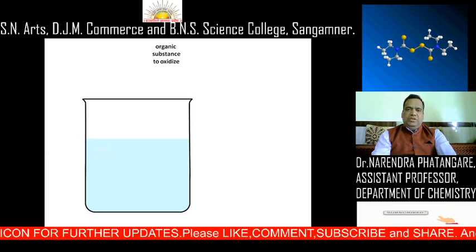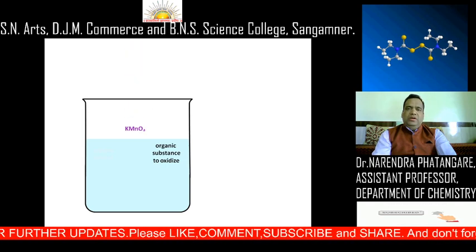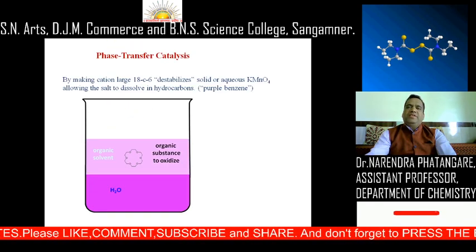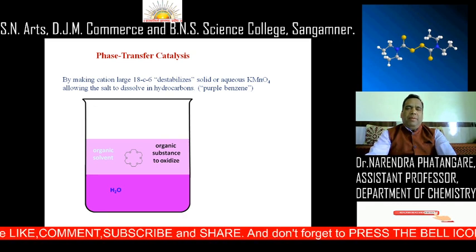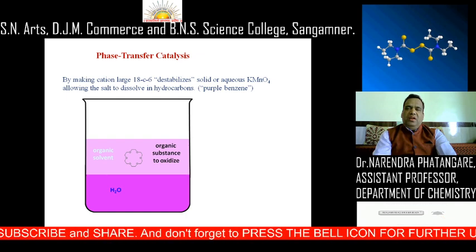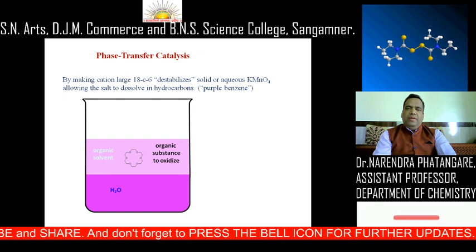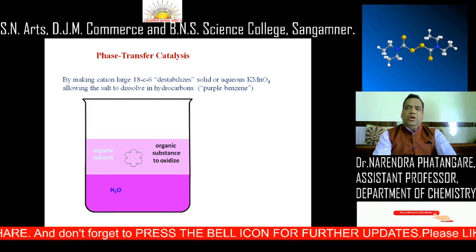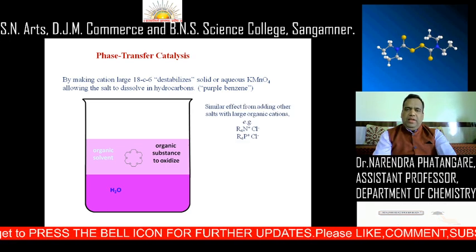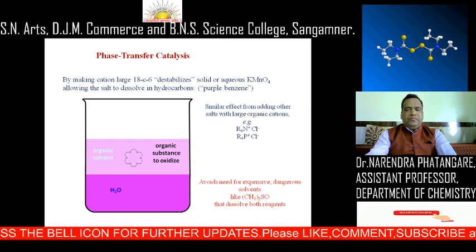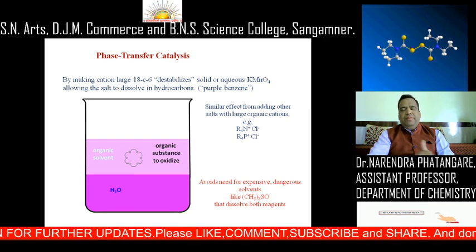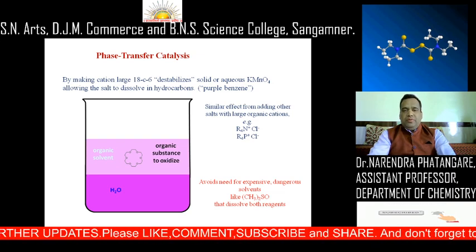And last, but not least, the crown ether plays a very important role in phase transfer catalysis. By making the cation large, 18-crown-6 solubilizes solid or aqueous KMnO4, allowing the salt to dissolve in hydrocarbons, as shown by the purple ring. Then, the function of 18-crown-6 plays a very important role in the separation of compounds.